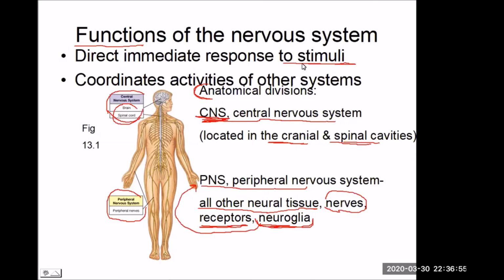And then now we could respond to that stimulation. And we are able to have these very rapid, fast responses to that incoming stimulation. And the way that our nervous system controls these responses is by the second bullet point. We're able to stimulate the activities of other organ systems.